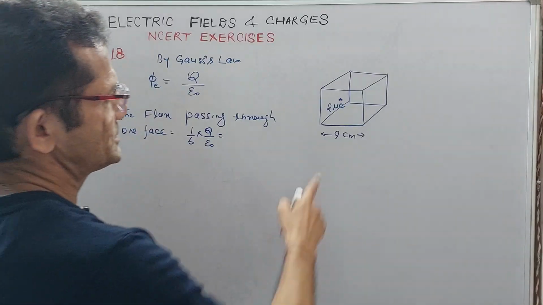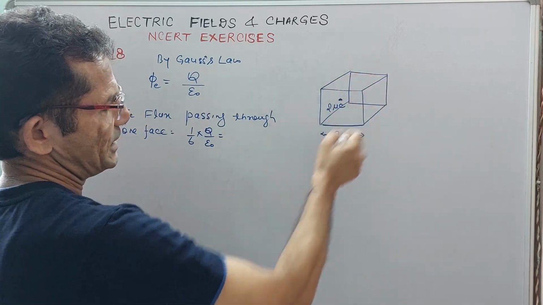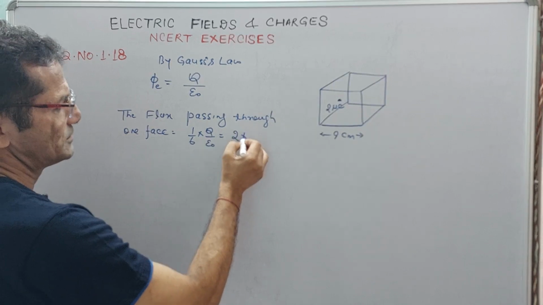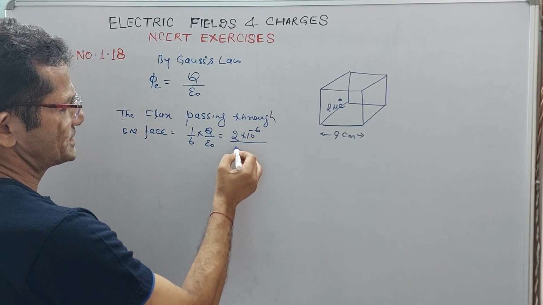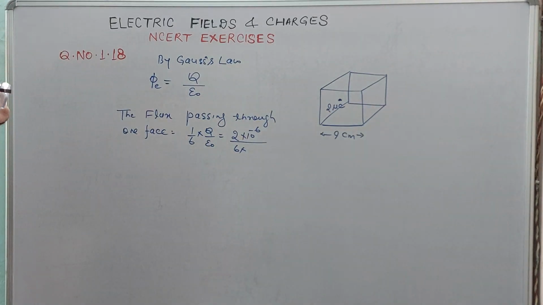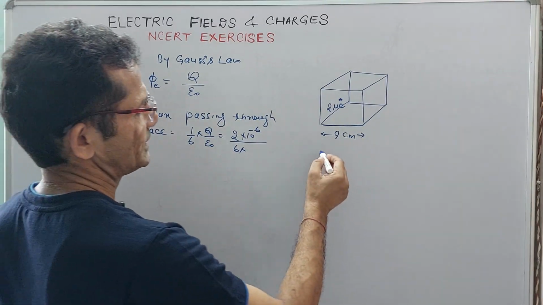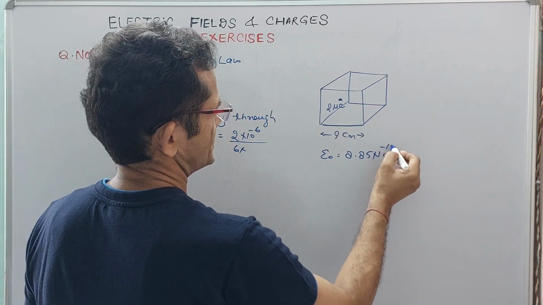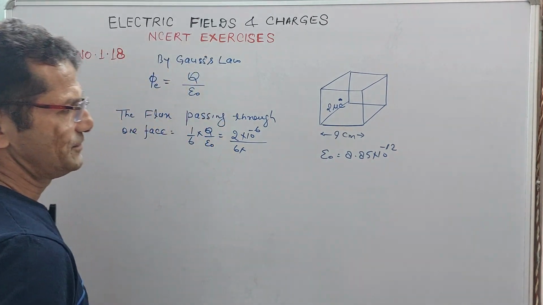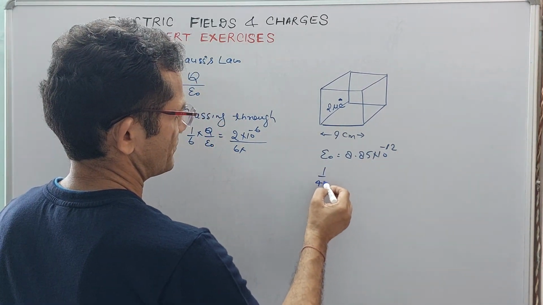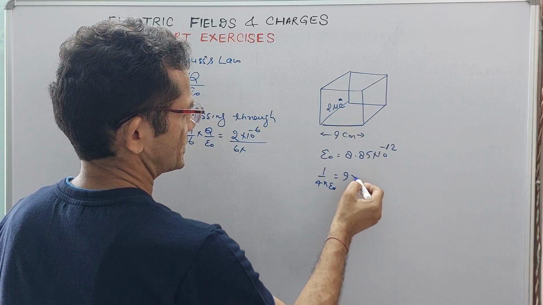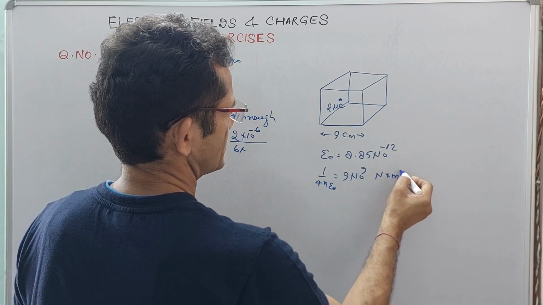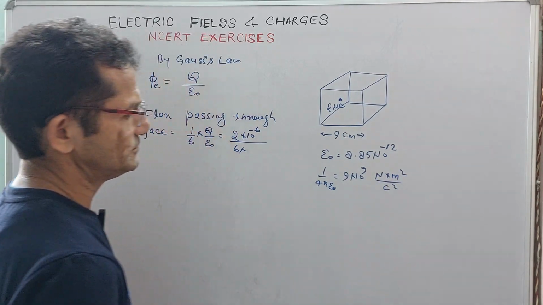Putting the value of the charge inside this cube, it is 2 micro, and micro means 10 raised to the power minus 6. For epsilon naught, either put the value 8.85 into 10 raised to the power minus 12, or put the value of 1/(4 pi epsilon naught), which is 9 into 10 raised to the power 9 Newton meter square upon coulomb square.